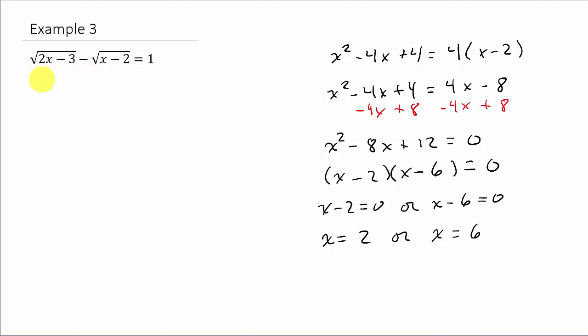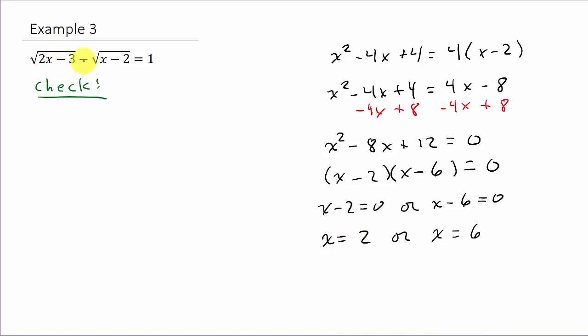So let's come over here and let's check our solutions. Okay, if you raise both sides to an odd number like a 3, 5, or 7, you don't have to check your solution. You can, but when you do, it should work every time if you worked it correctly. So I guess I would say, if you're in doubt of checking the solution or not, just check it. That's the safest thing to do.